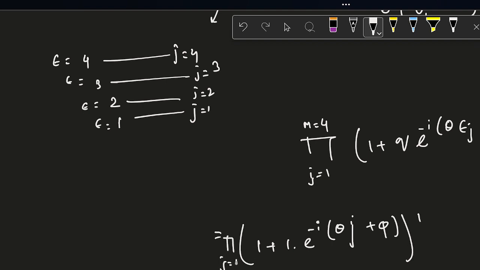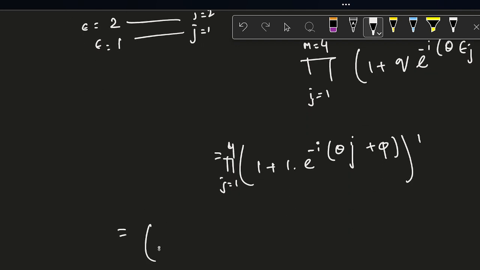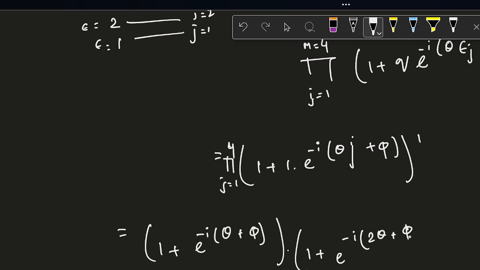So it is 1 plus e to the power of minus i(theta plus phi), first putting the j value as 1. Then for the second term, 1 plus e to the power of minus i(2 theta plus phi), with j value as 2, then 1 plus e to the power of minus i(3 theta plus phi), and finally 1 plus e to the power of minus i(4 theta plus phi).